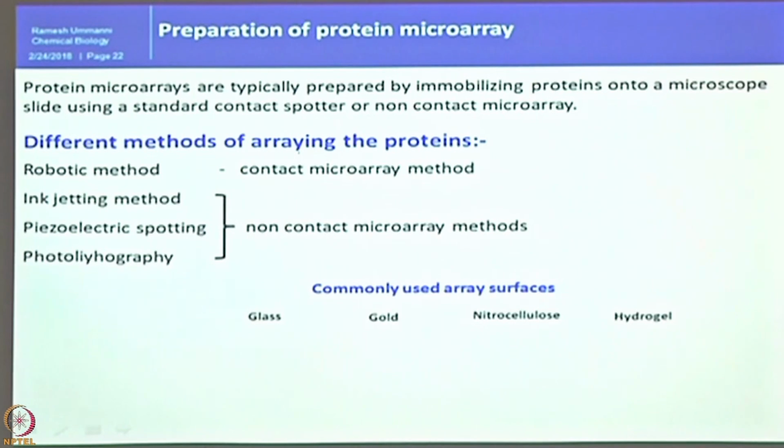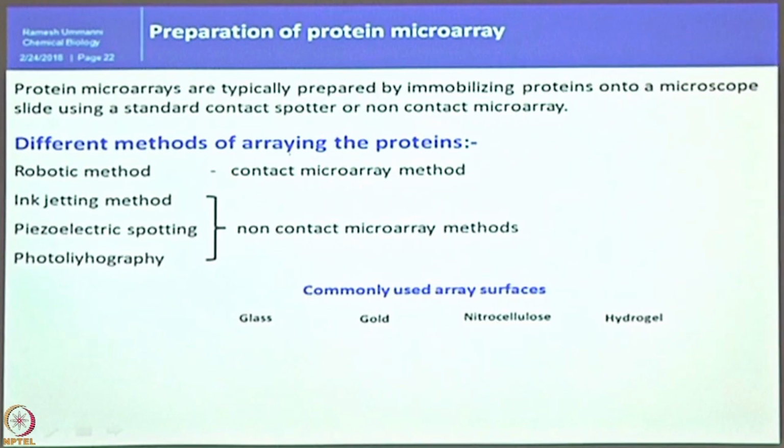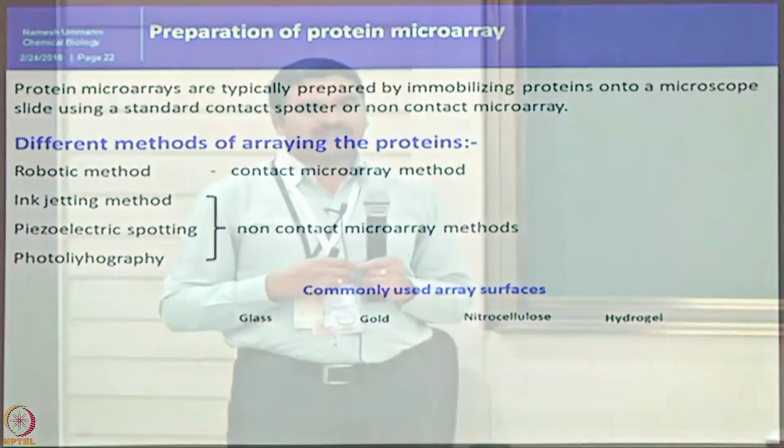One is a robotic method, which is a contact microarray method. Contact microarray method means the needle will go and touch the membrane and disperse the liquid on it. So the sample will not disperse in a big spot, a small area on the membrane will accommodate the larger quantity of sample.